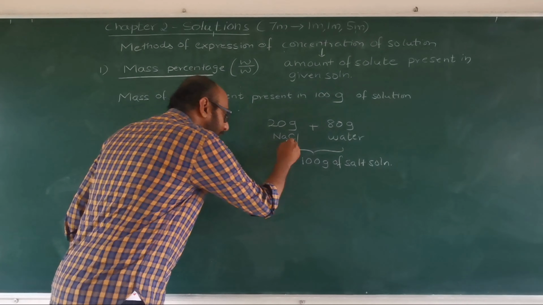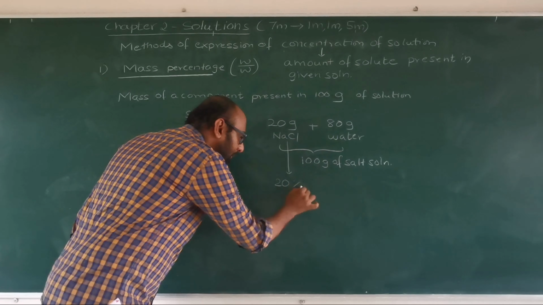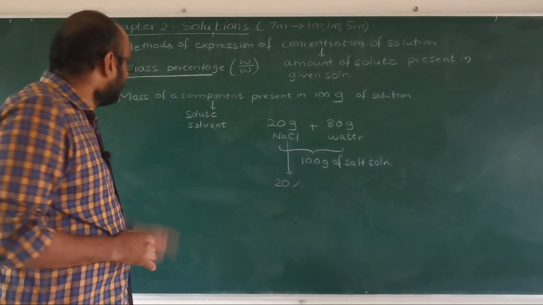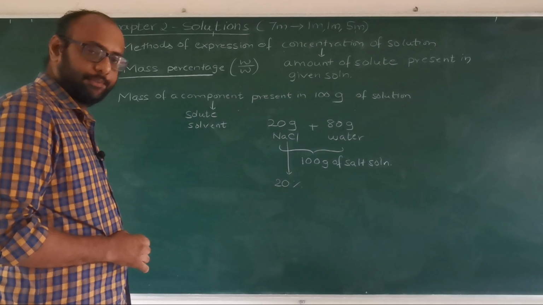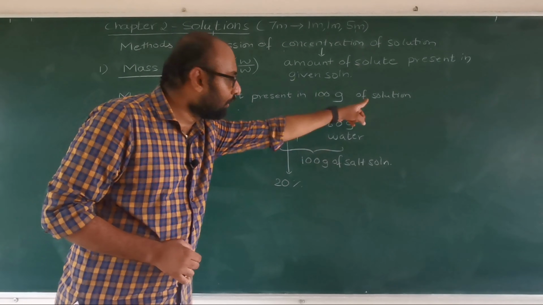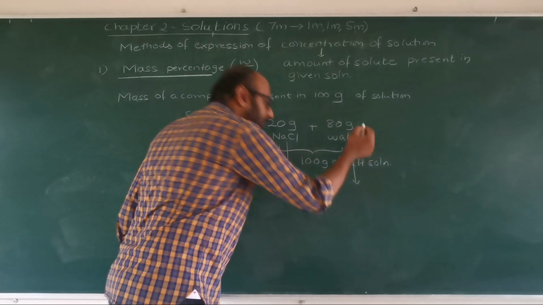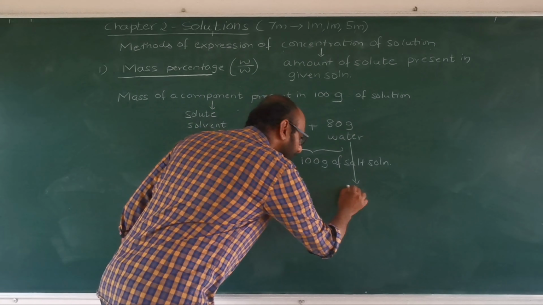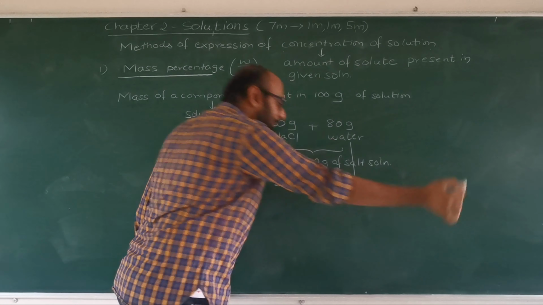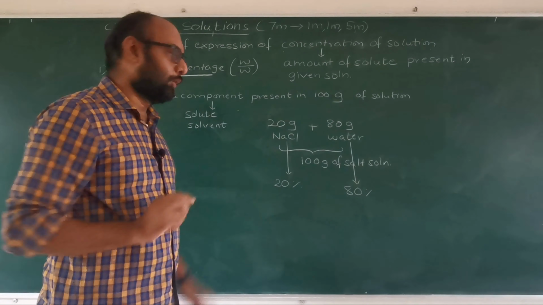Hence, the mass percent of NaCl will be 20%. Then, mass of solvent, that is 80 grams, is present in 100 grams of solution. Hence, the mass percent of the solvent, water, will be 80%. 20 plus 80 gives 100% of the solution.